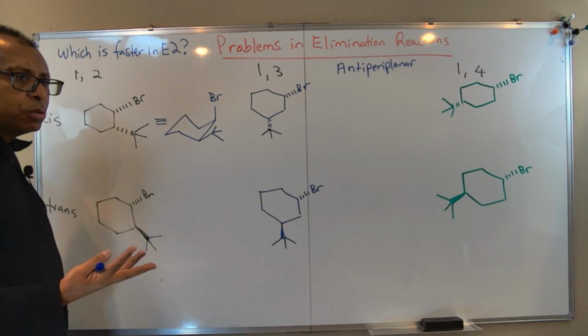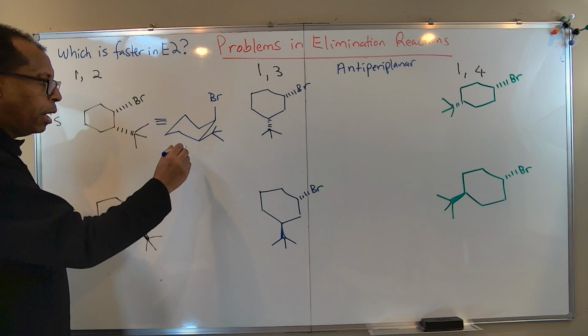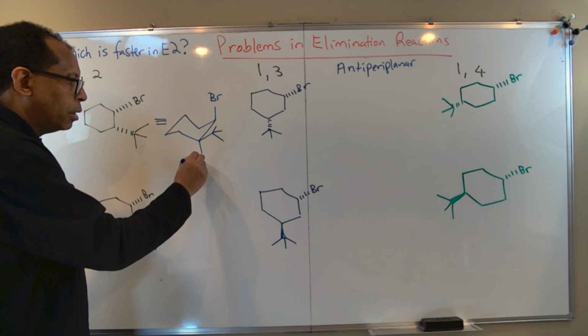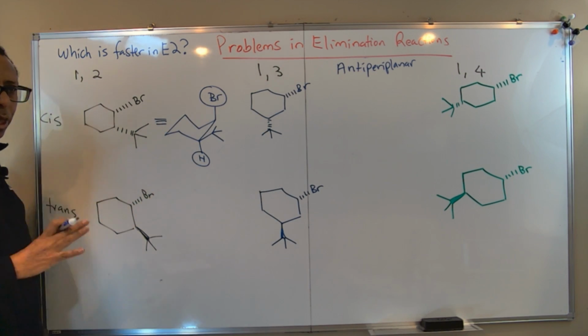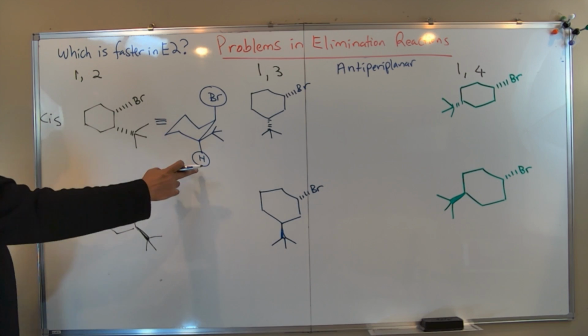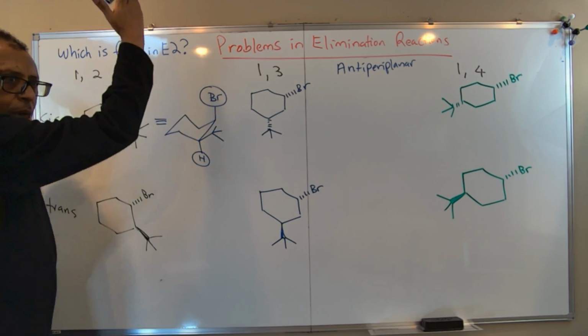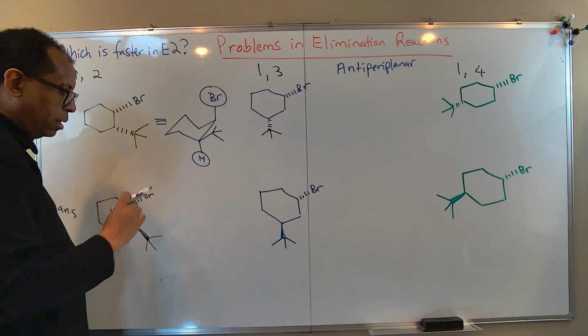When it comes to the elimination reaction, it has an anti-periplanar with this hydrogen. So luckily, this arrangement gives us a very good elimination product where the hydrogen and the Br are vertical and 180 degrees.